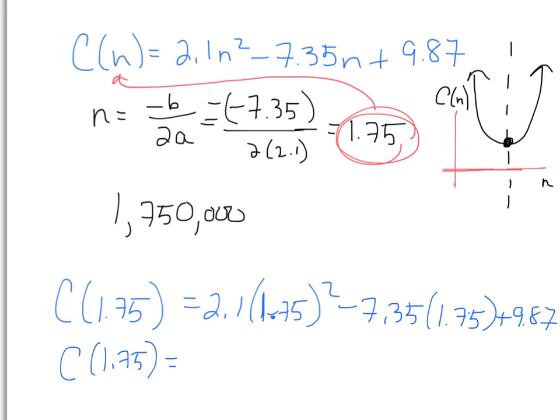What do you get for this when you plug 1.75 in? And again, make sure you're using a calculator, obviously. You're not going to do this in your head. I'm going to go with that many decimals. The reason I'm doing that is because this is in 10,000s of dollars.